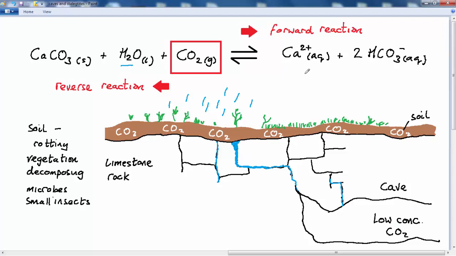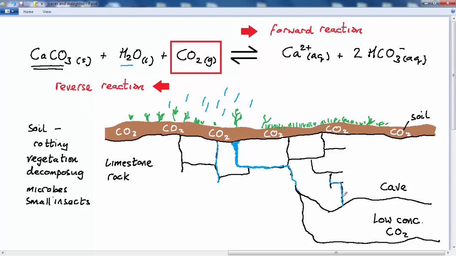As a result of that, the reverse reaction is now favoured in this equation, and so the position of equilibrium is shifted towards the left-hand side of the equation in order to increase the level of carbon dioxide present in the environment of the cave. As a consequence of that, calcium carbonate is reformed, and it reforms as stalactites and stalagmites.